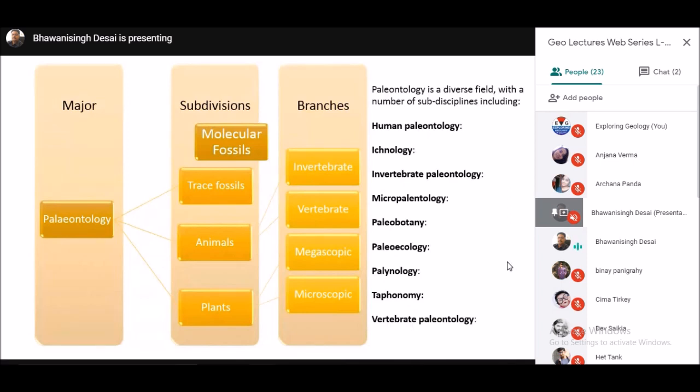You can have invertebrate ichnology, vertebrate ichnology, or human ichnology. For example, this is more like forensic study: what you understand after the scene has been created. If I'm walking on a beach, from the footsteps alone I could analyze the height of my body, the weight, how fast I was going, whether I was running or walking, or in which direction I was moving.